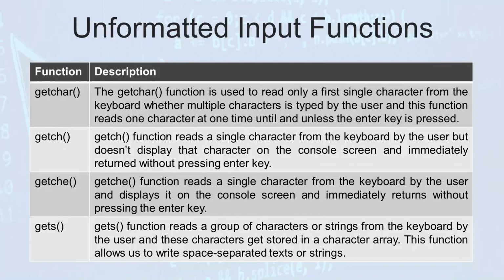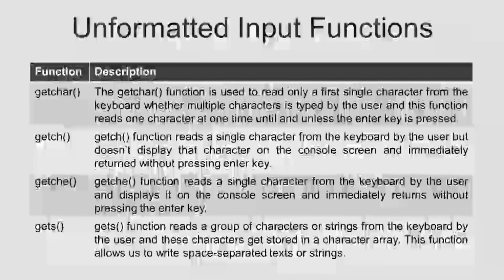So it reads single character from keyboard entered by the user and it displays it on the console screen also. So that is the difference between getch and getche. gets function reads group of characters or string from the keyboard by the user, and these characters get stored in character array. So this is an example of unformatted input functions with its meaning and description.